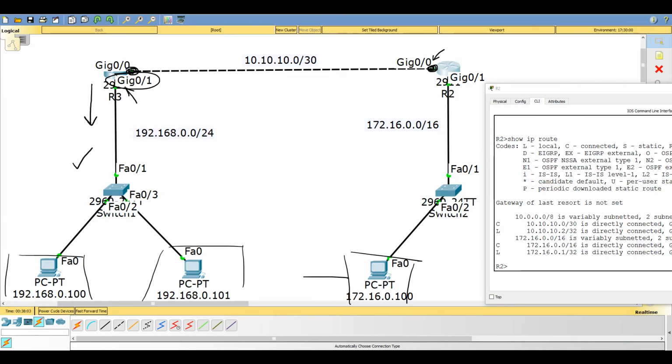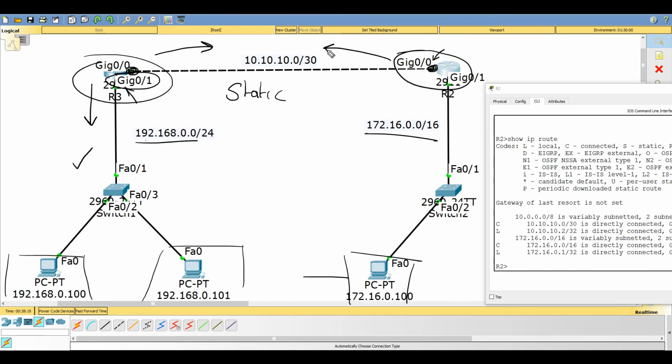So in order for them to actually communicate, we would need to have some sort of static entries in each router. This router having a static entry for the 172 reachable out that interface, or a static entry in this router for the 192.168 out of this interface. Or we could configure some sort of dynamic routing.